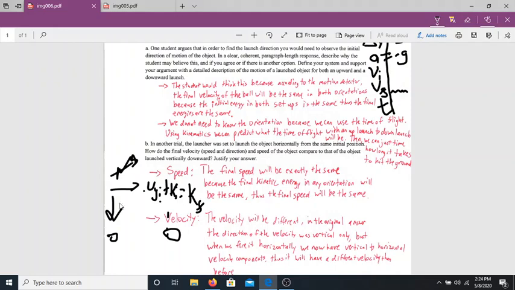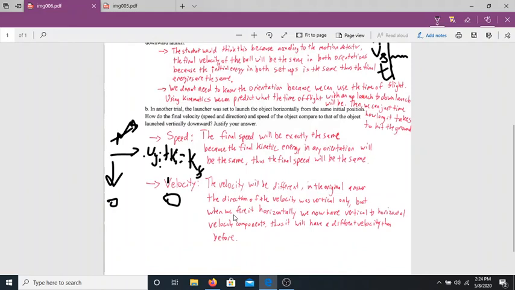So regardless of if I launch it down or launch it to the right, according to energy, the equation is exactly the same. Which means if you solve for the final speed, you would get that the final speed of the ball in either case is going to be exactly the same. So the final speed of this ball is the same whether I launch it horizontally or straight down.